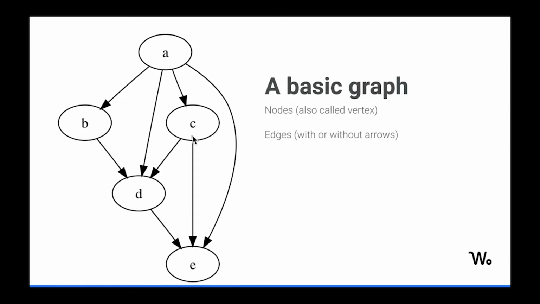A graph can also be an undirected graph, meaning there's no arrow. It just goes either direction. The typical example here is Facebook is an undirected graph in that if you're friends, it's a symmetric relationship. Twitter, on the other hand, is directed.